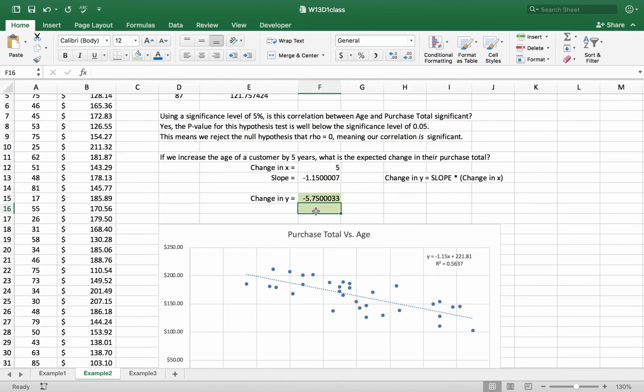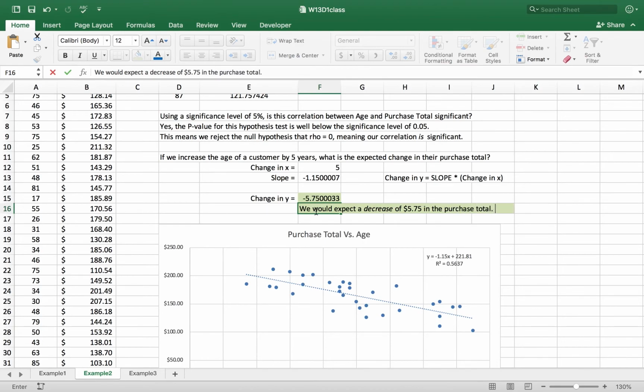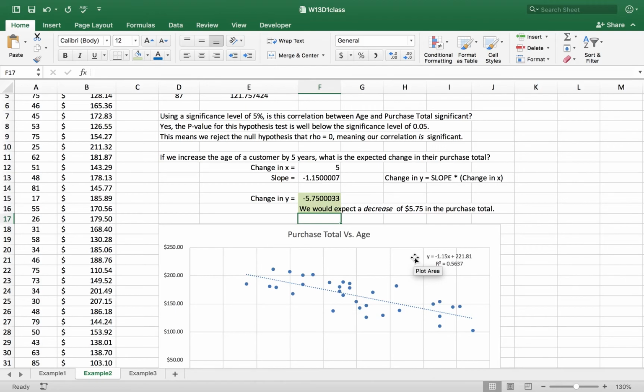So the way we would interpret this is we would expect a decrease, again because of the negative sign in that answer, of $5.75 in the purchase total, based on our regression line and based on this idea that we're expecting a change of 5 years, an increase of 5 years between the two customers.